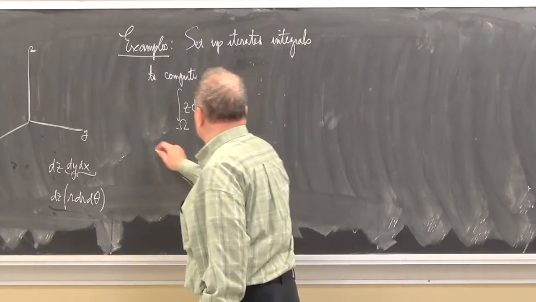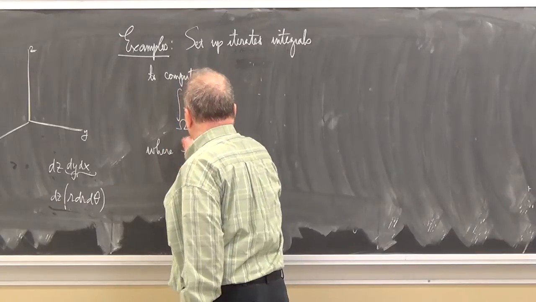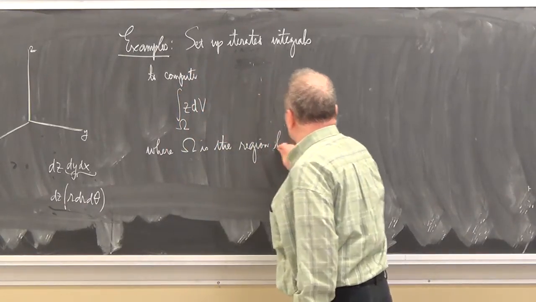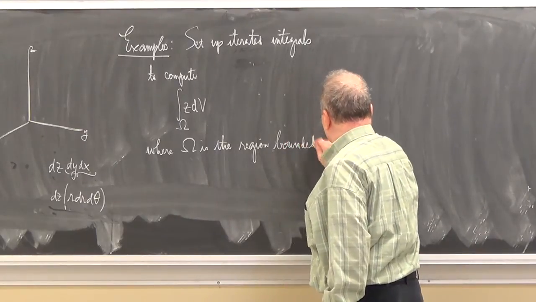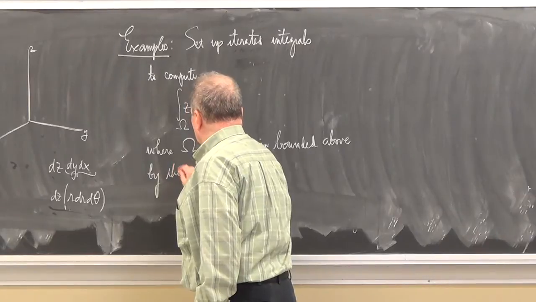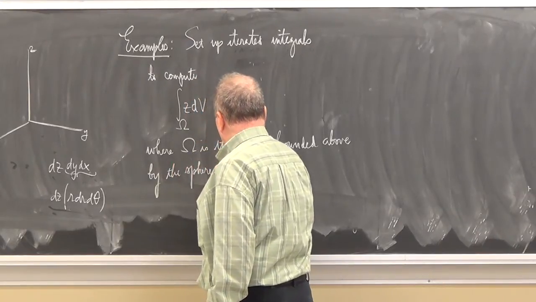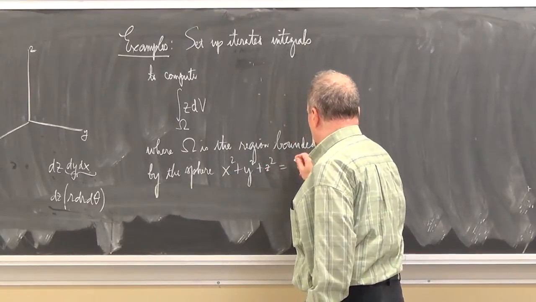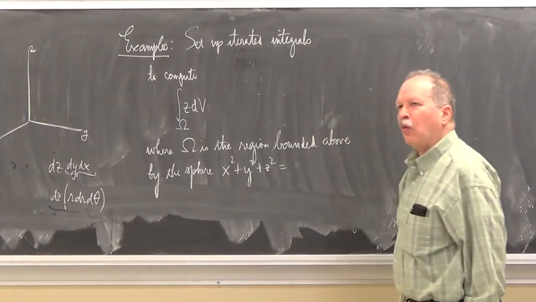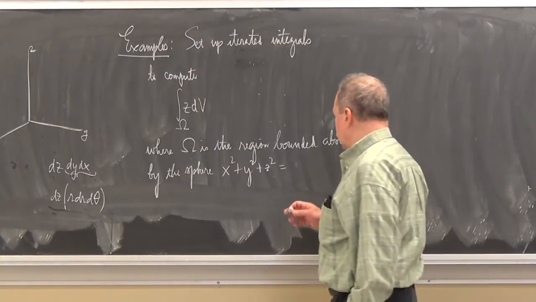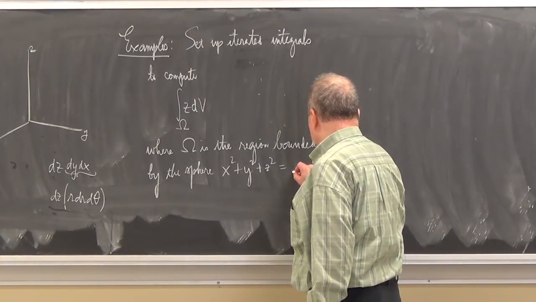where omega is the region bounded above by the sphere x squared plus y squared plus z squared equals, I don't know, I'll fill this in a minute.